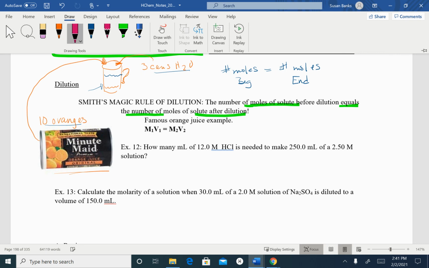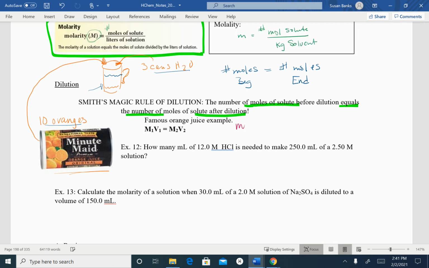So molarity of 1, which is moles per liter, times our volume 1, is going to be equal to moles per liter, or the molarity of our dilution, times our volume 2. Okay? Now, volume is always in liters, is it not?